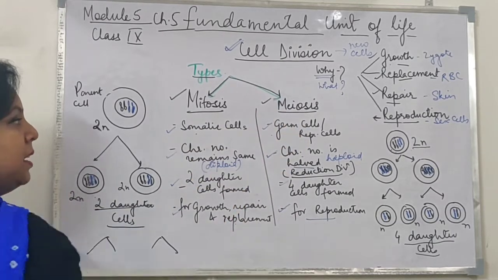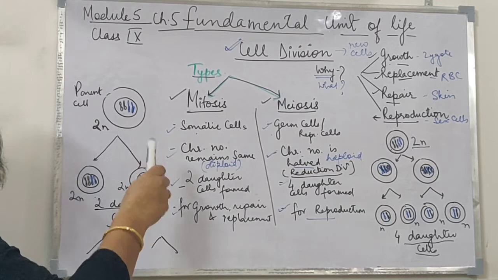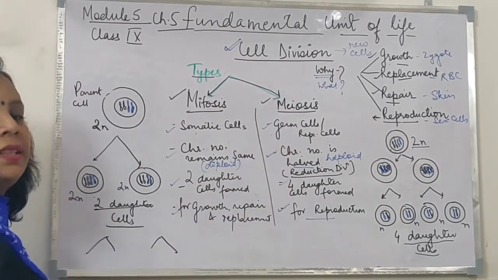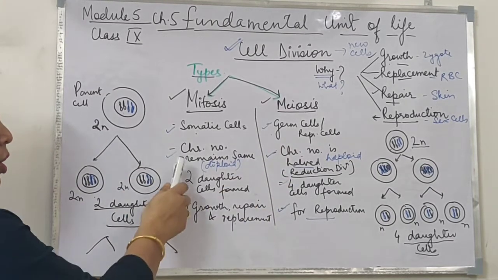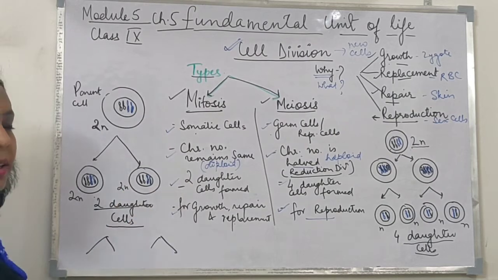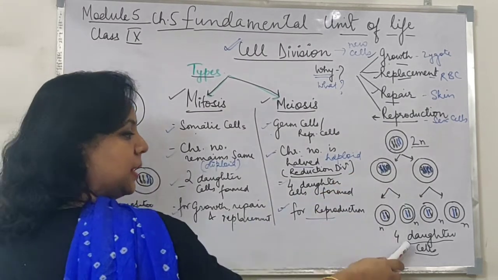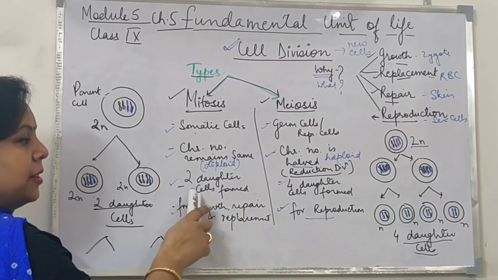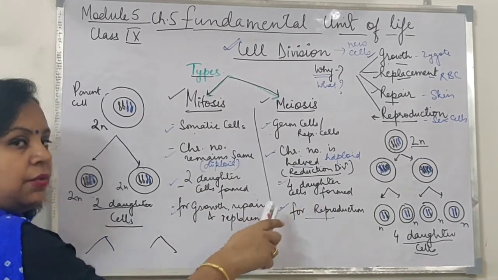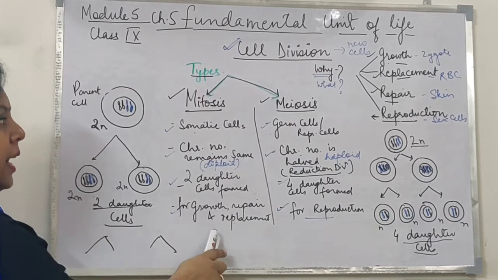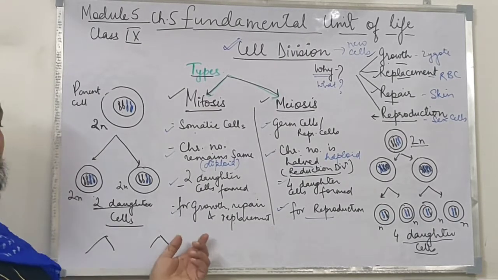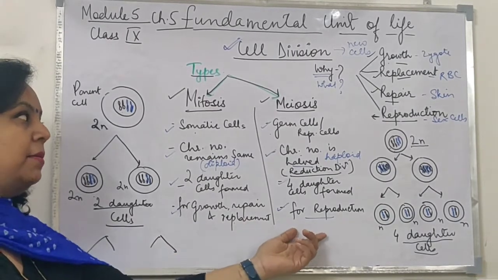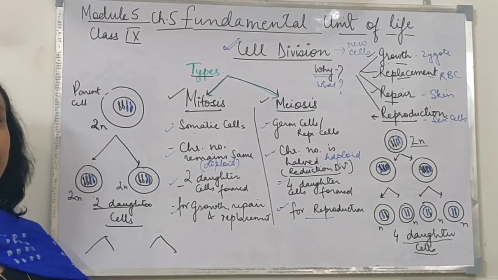If we compare, mitosis occurs in the somatic cells, meiosis occurs in the reproductive cells. Over here, the chromosome number remains the same. Over here, they become half. 2 daughter cells are formed in mitosis, and in meiosis 4 daughter cells are formed, and mitosis occurs for growth, repair, replacement, and meiosis occurs for reproduction.